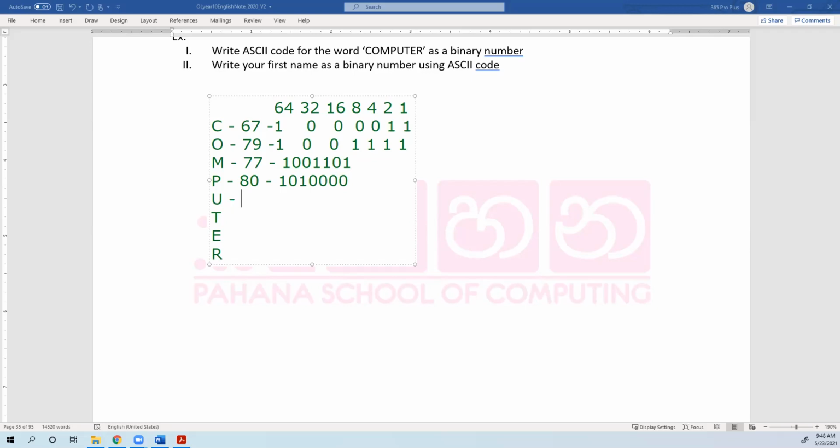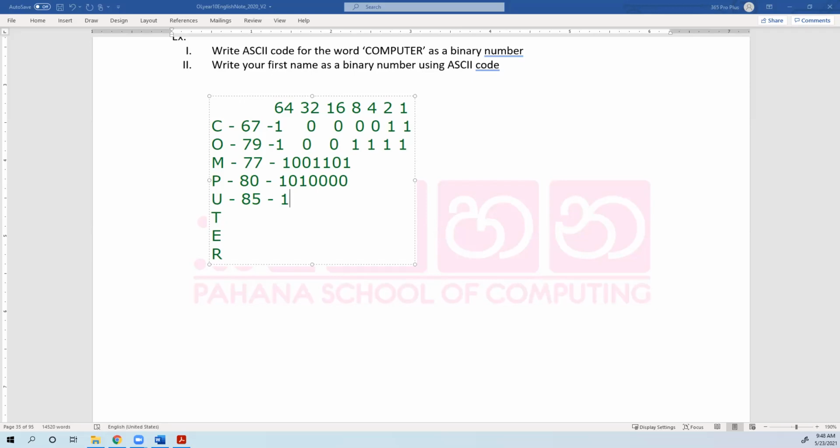Then we have U. U is 85. You have to add 5 to 80.